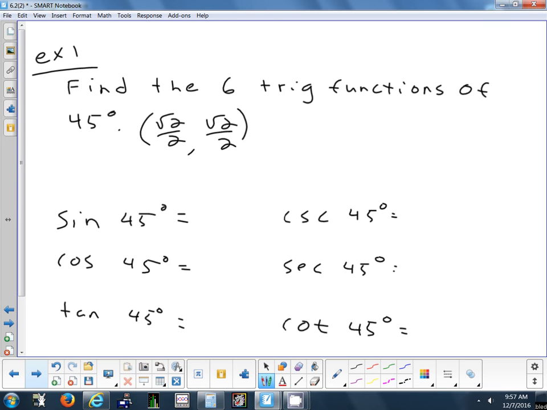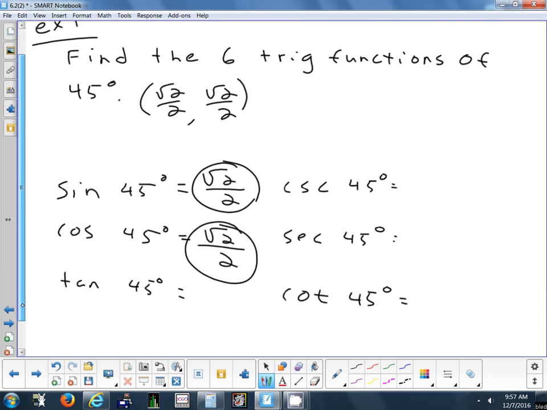Now, what is my sine? Try to be specific so I know which one you're talking about. What's the sine here? It's the y, which is root 2 over 2. How about the cosine? It's the x, which is also root 2 over 2.